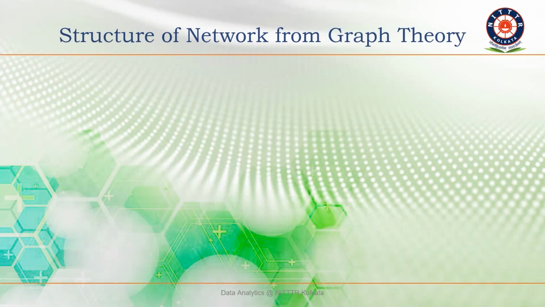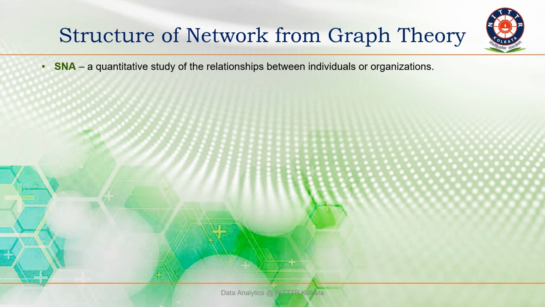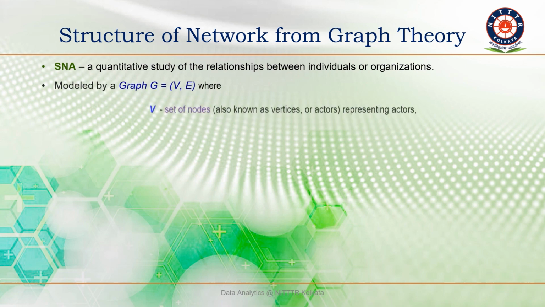From the graph theoretic point of view, the social network structure can be seen in this way, where social network analysis indicates a quantitative study of relationships between individuals or organizations. As I told you, it is modeled from the viewpoint of graph theory.